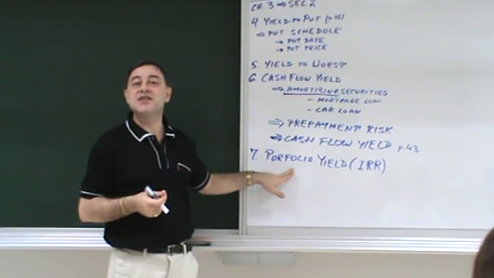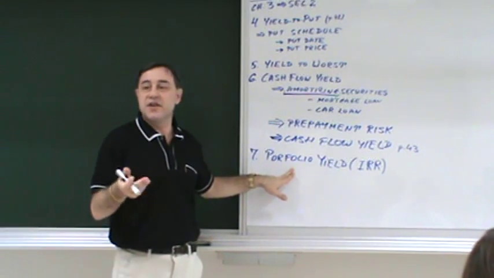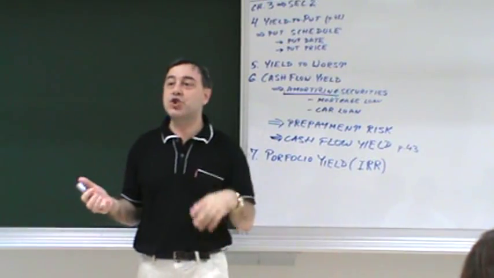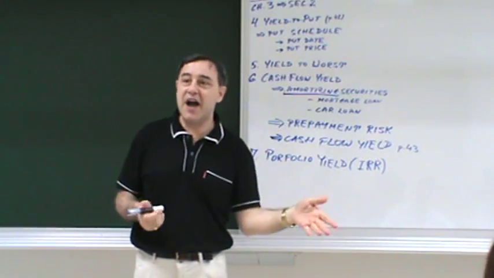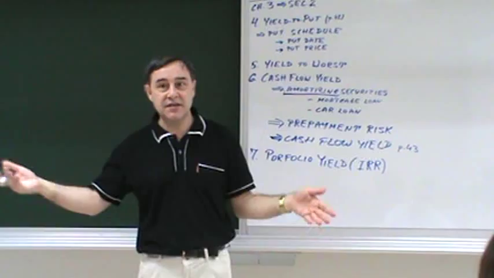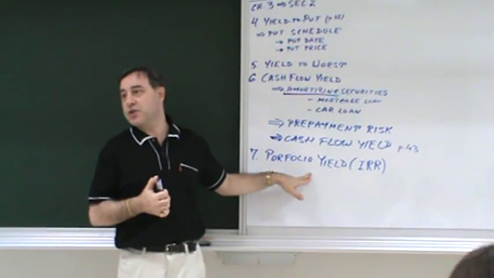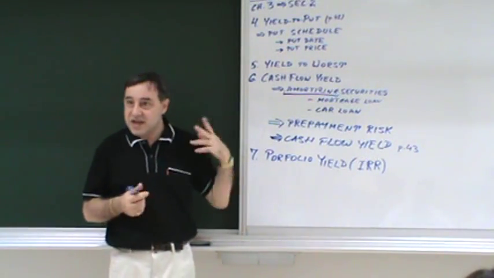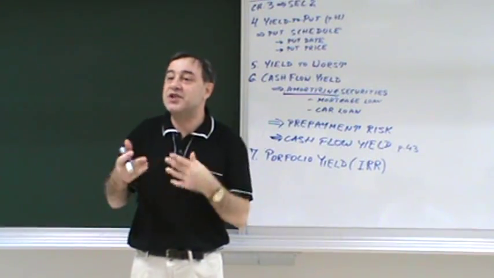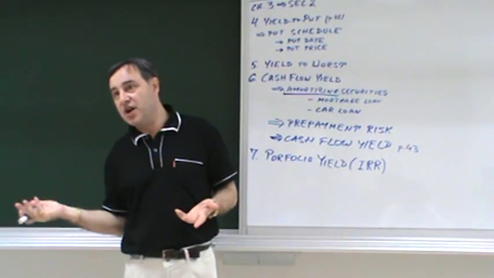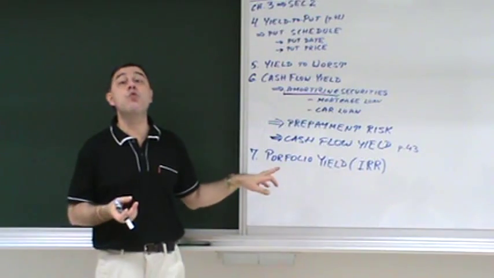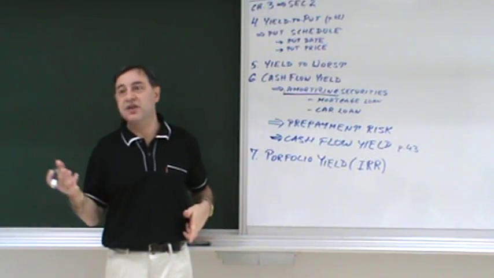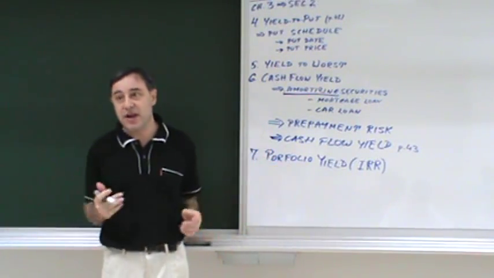The yield is not the average of yields of bonds. So if you have two bonds, one yielding 5 and one yielding 10, the average is not the portfolio yield. So the yield on a portfolio is not the average of yields. And it is not the weighted average of yields. No, not. Okay?